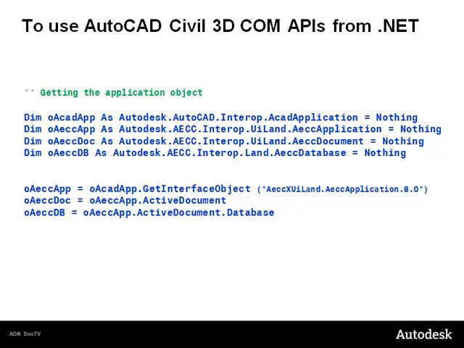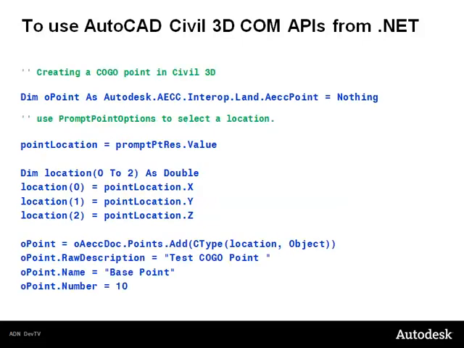As a next step, we need to get the document and database object from the Aecc application object from its active document and database properties, as shown in the code snippet on this slide. This slide shows the code snippet on how to create a COGO point using a COM object in a .NET application. Each individual point is represented by an object of type AeccPoint.